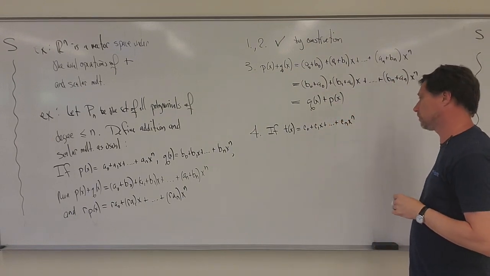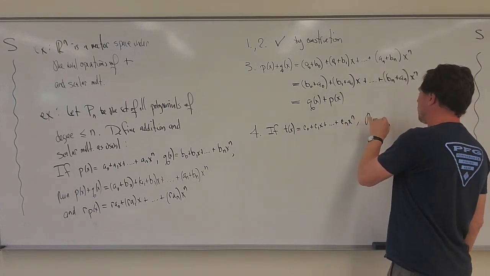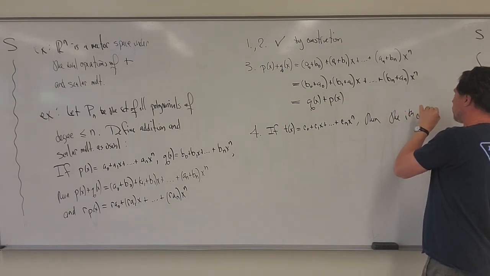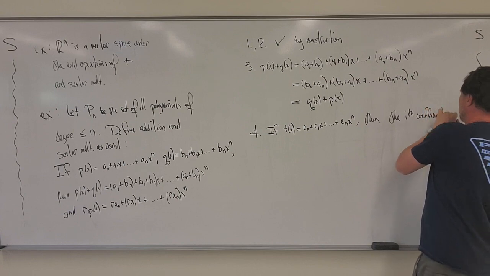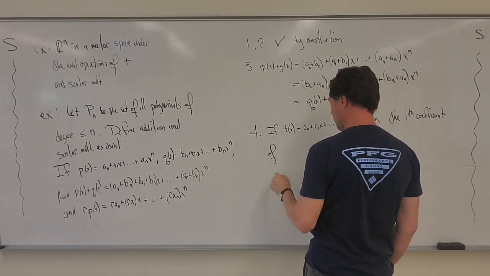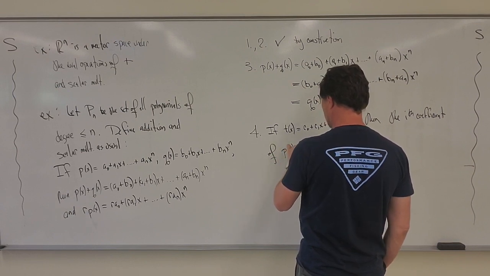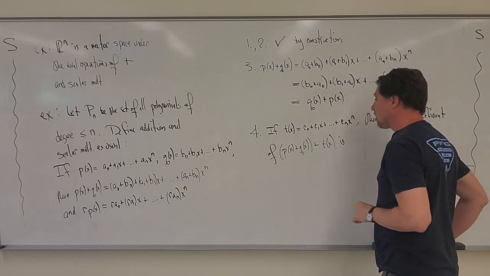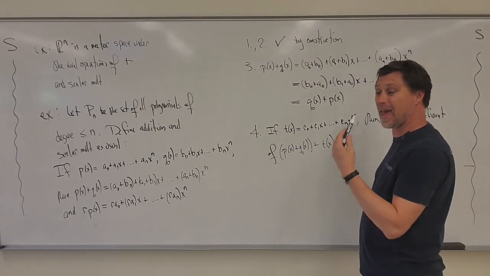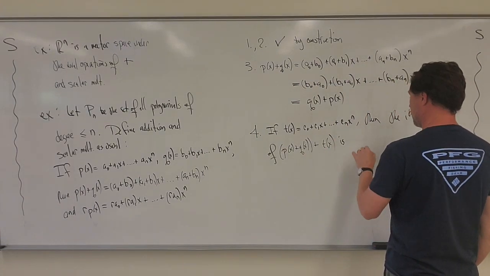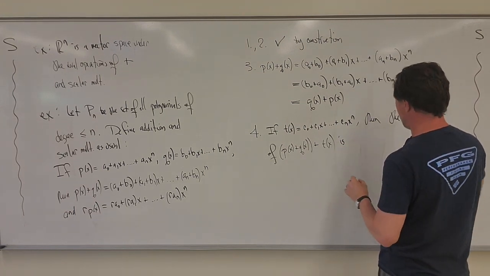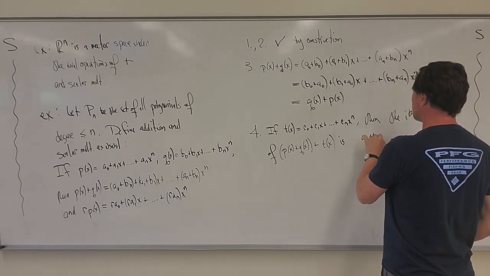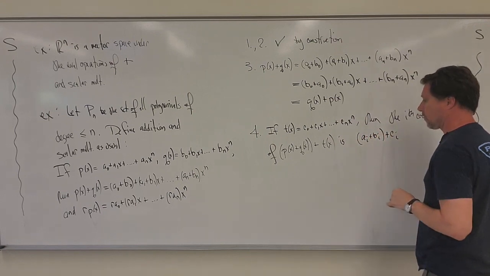So if I have another polynomial, then the ith coefficient of (p of x plus q of x) plus t of x is, so when you add these polynomials and you look at the coefficient corresponding to x to the i, it's going to be (a sub i plus b sub i) plus c sub i.